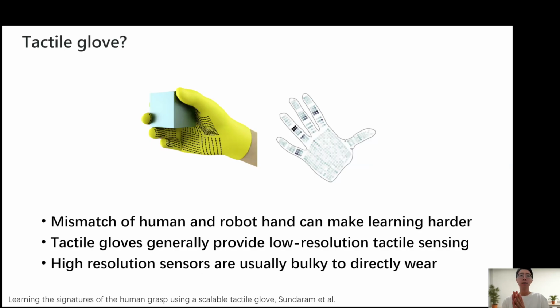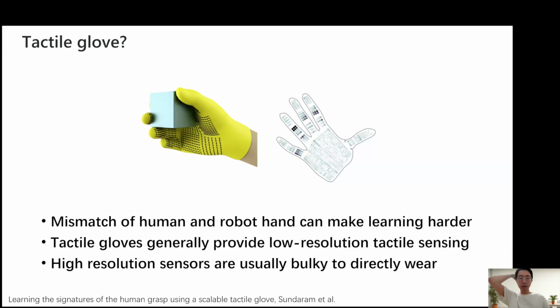And secondly, these tactile gloves usually provide low resolution tactile sensing. For example, this glove has about or less than 20 taxels on each fingertip. But for humans, we actually have over 300 tactile receptors in just one fingertip.